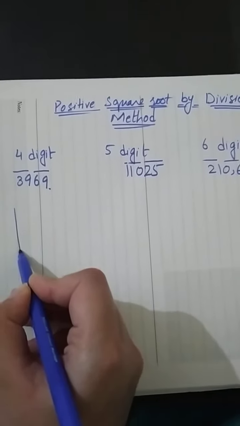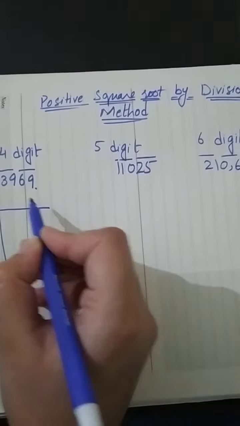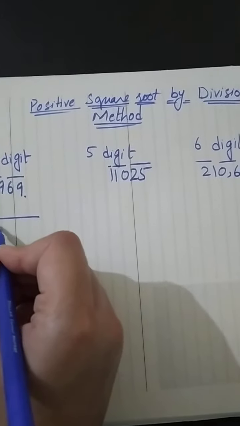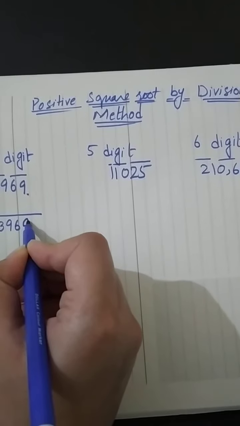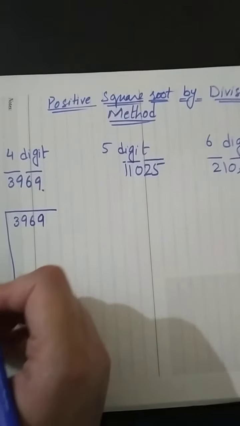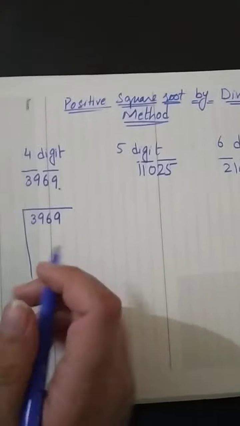Now in the long division method, the first step is to write the number in dividend form. Now you have to choose a divisor by yourself.